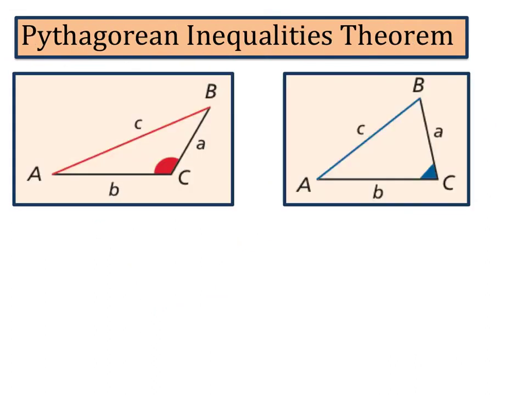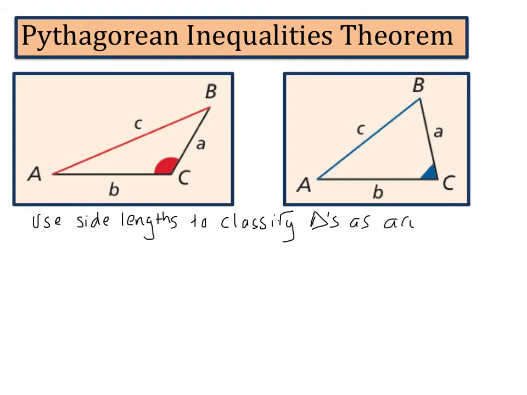Now, when looking at triangles, we can use the side lengths to classify a triangle as acute or obtuse.